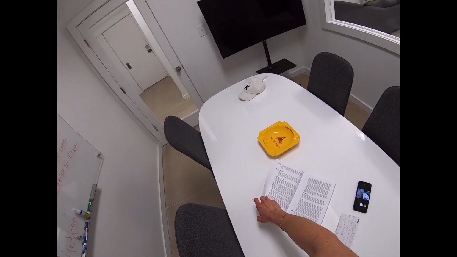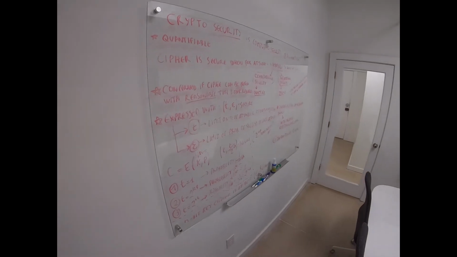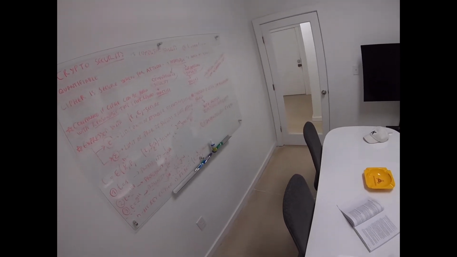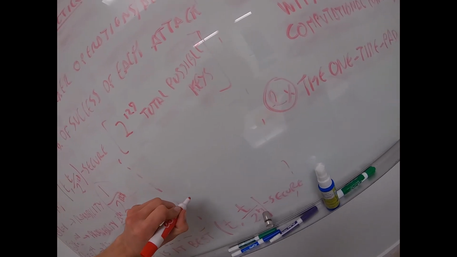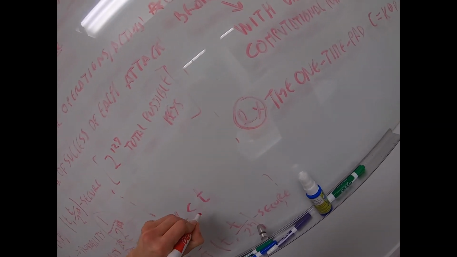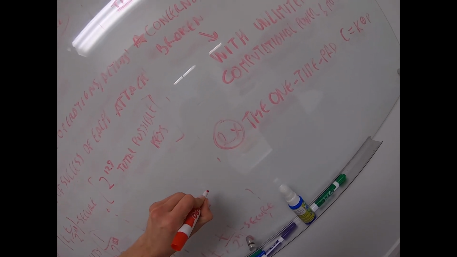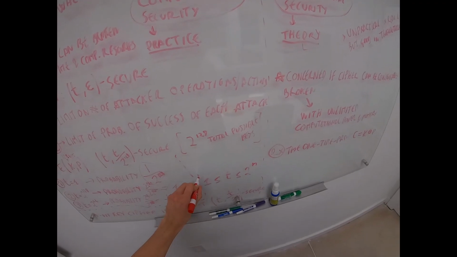But what's considered secure in practice today might not be considered secure tomorrow. So keep in mind this is technology agnostic, okay? And remember T is between 1 and 2 to the n, okay?